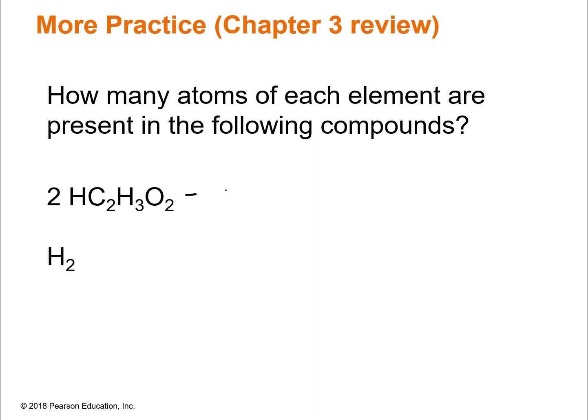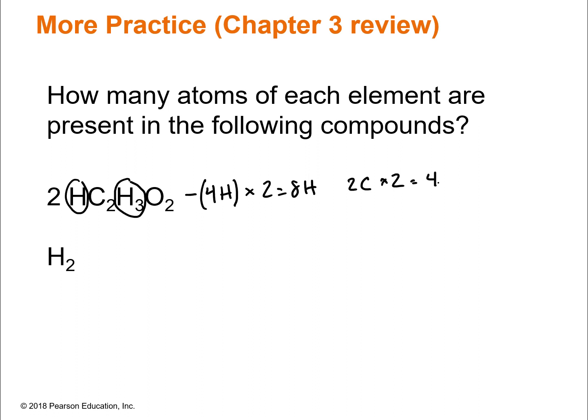So we've got hydrogens. There's a hydrogen here and here. So there's 4 hydrogens in one of these compounds, and this is acetic acid. And we've got 2 of this. So there's 8 hydrogens there. For the carbons, we've got 2 carbons in acetic acid, and there's 2 of these whole acetic acid molecules.